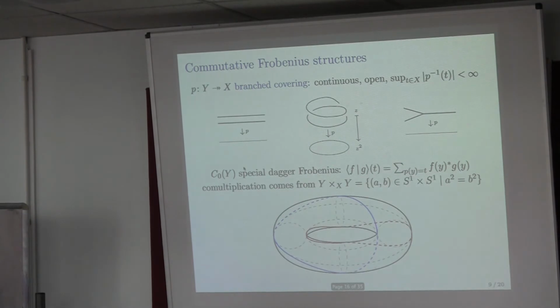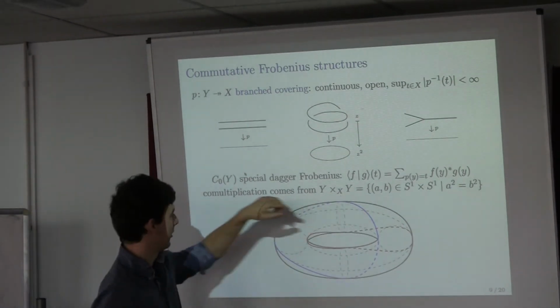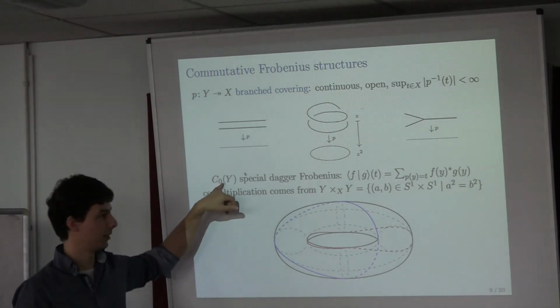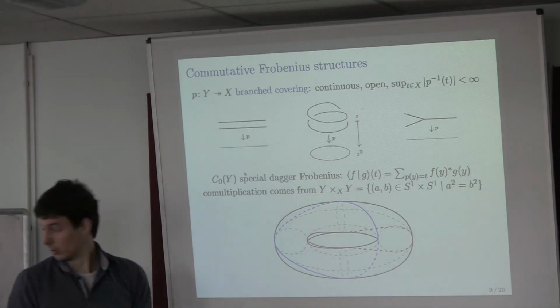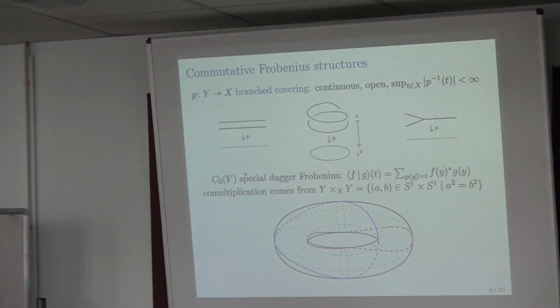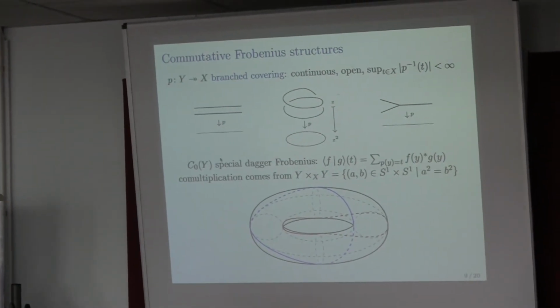So let me try and explain how that comes about. Getting the inner product is easy, getting the scalar multiplication is easy. How do you get the Frobenius structure? So the tensor product in this category of Hilbert modules, here's my object.